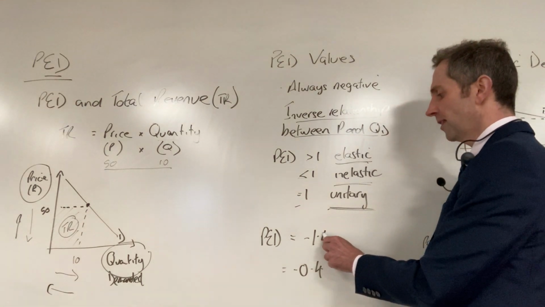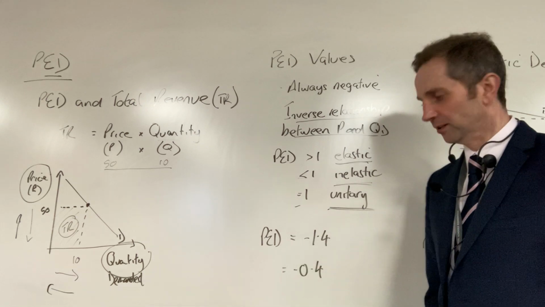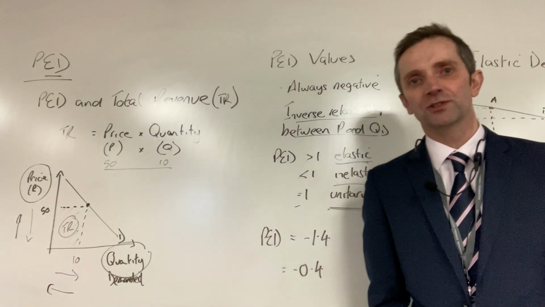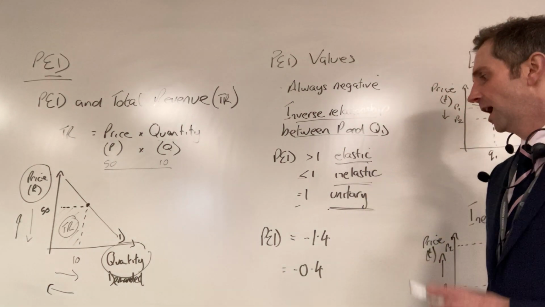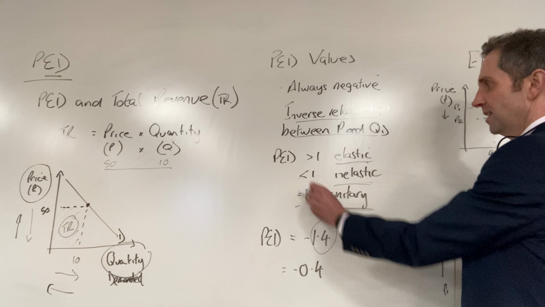So I'm looking at that and all I'm seeing is 1.4. I'm not seeing the minus sign. I'm looking at this and all I'm seeing is 0.4. I'm not seeing the minus sign. And then I'm thinking to myself, well, where does 1.4 fit in this table?